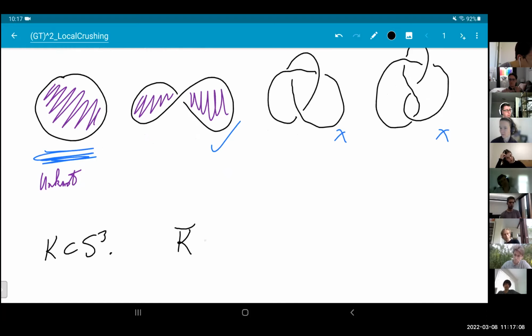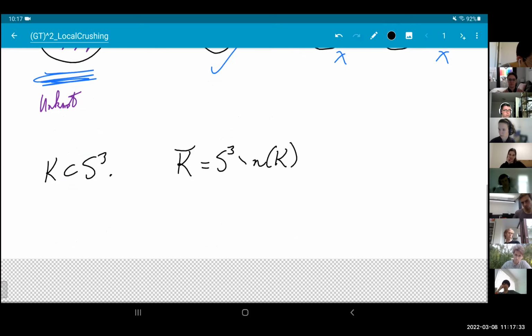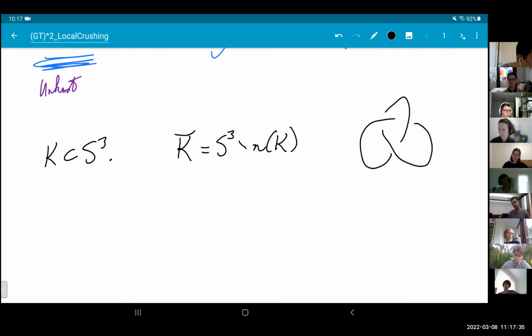So we take what's called the knot complement, which is S3 minus a neighborhood of the knot. You delete a neighborhood of the knot. I can't really draw this, but you basically take a little torus neighborhood.